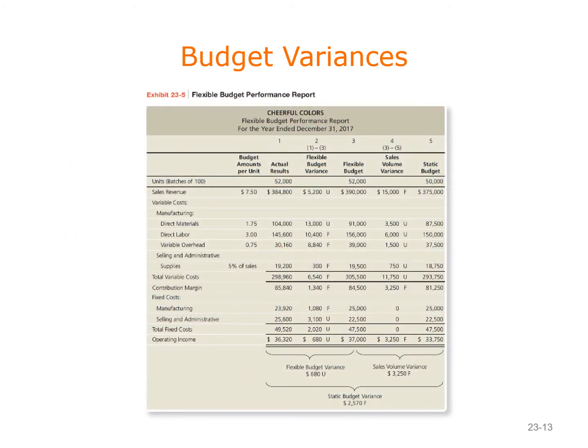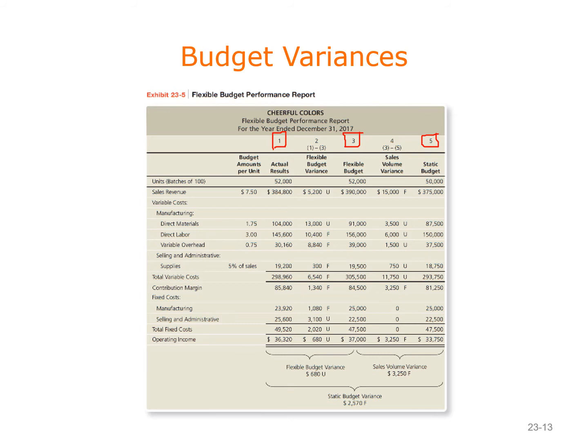This is an illustration of what we just explained. For example, here I have the actual result, here I have the flexible, and this is the static. The variance is the difference between each two. This is the actual, as we said.